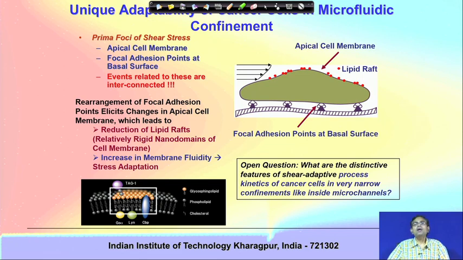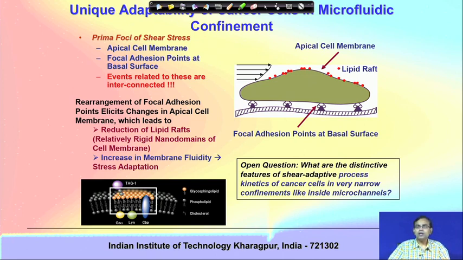So, what the lipid raft tries to do is escape from the cell membrane and go inside the cell, and then the cell membrane therefore becomes more fluidic. Because it becomes more fluidic, it becomes more malleable and it can have a unique shape adaptation to overcome the stressful barriers in the microfluidic confinement.